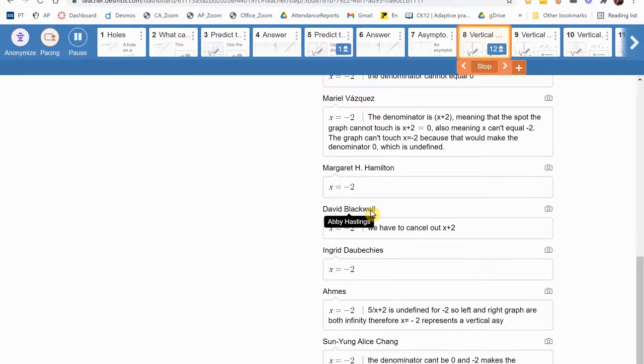So they are only concerned with a domain restriction. It's not a 0 over 0 scenario like a hole was. It's just a over 0 scenario. So holes take both the top and the bottom, and they have to cancel. Asymptotes, for vertical asymptotes, it's just the bottom.